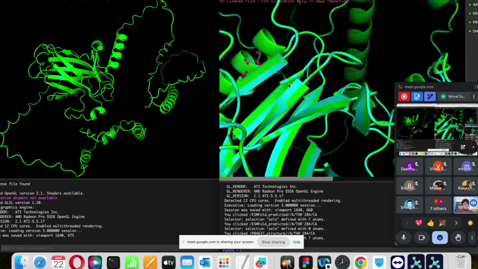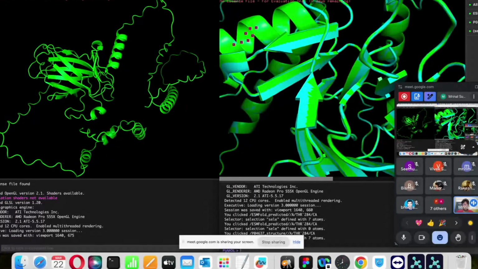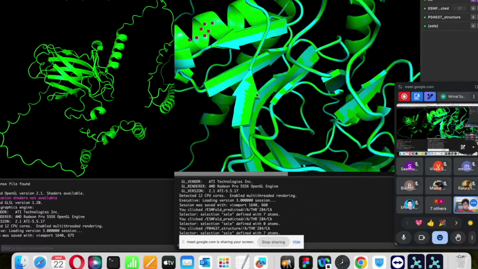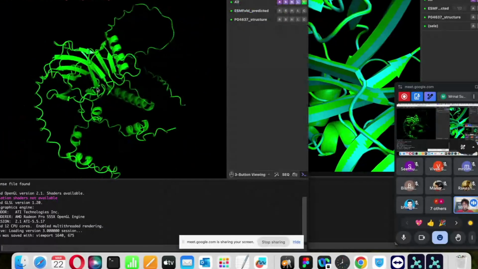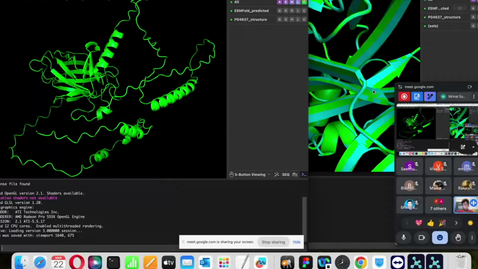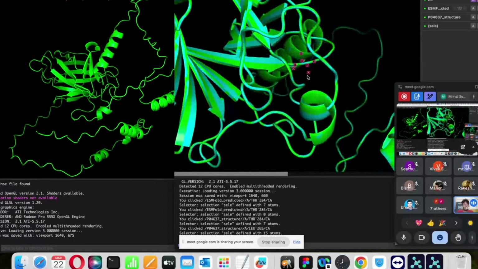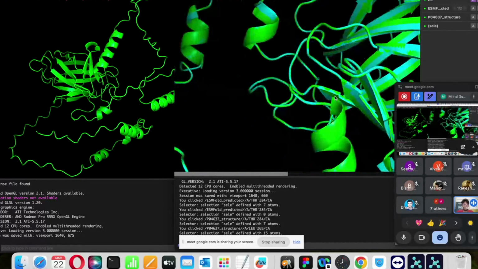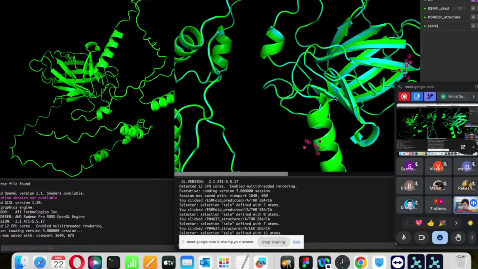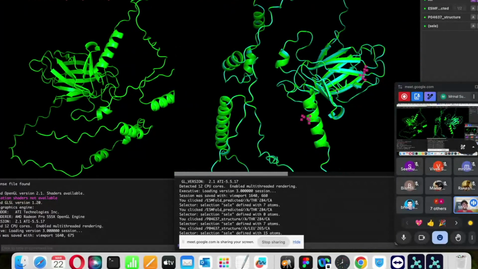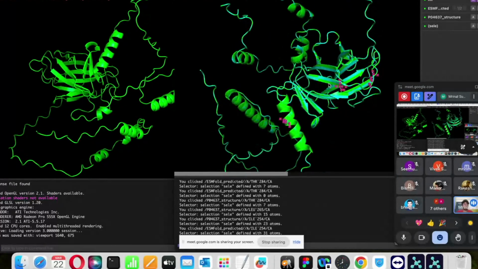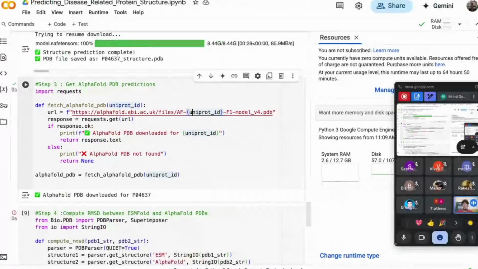And here you can see there are different colors associated. You can see the light blue color, whereas here this is a plain protein sequence. So AlphaFold has a more nuanced and more accurate finding. I can say this with confidence because these colors represent the pLDDT score that I mentioned previously.